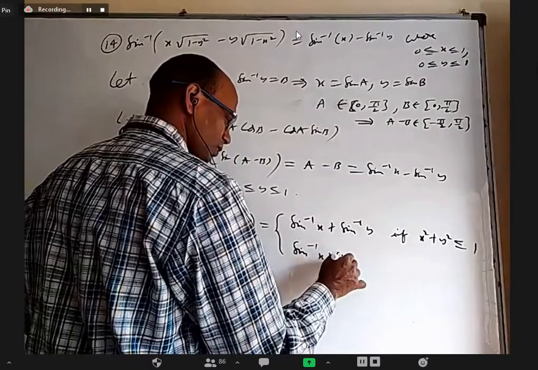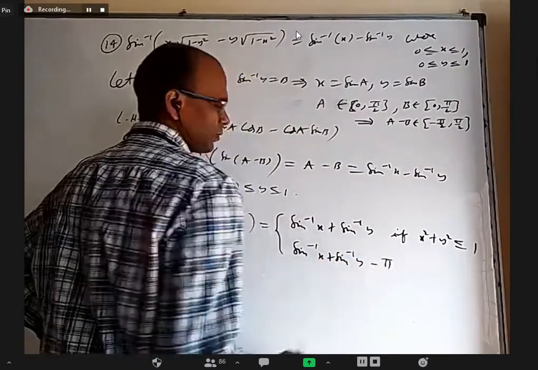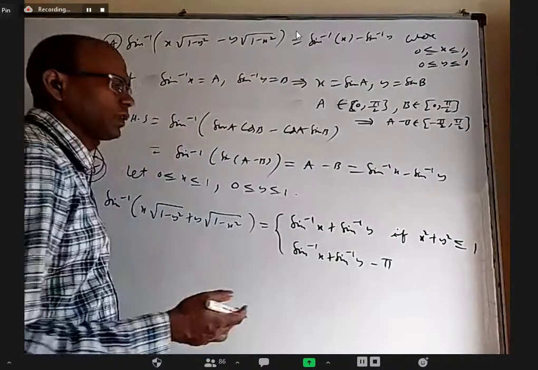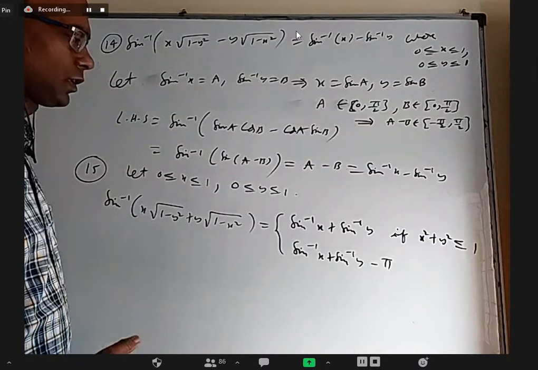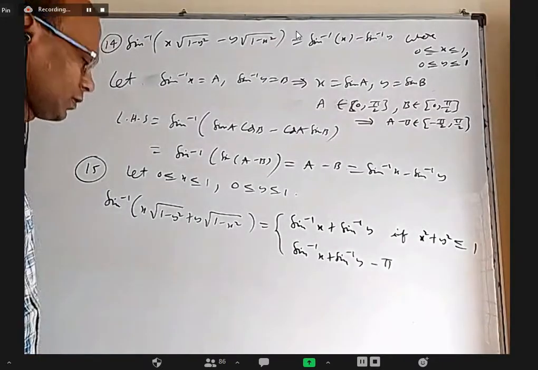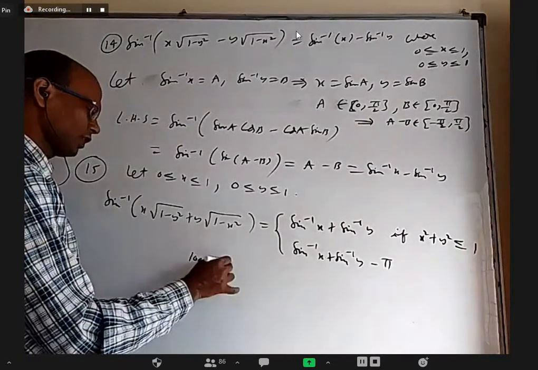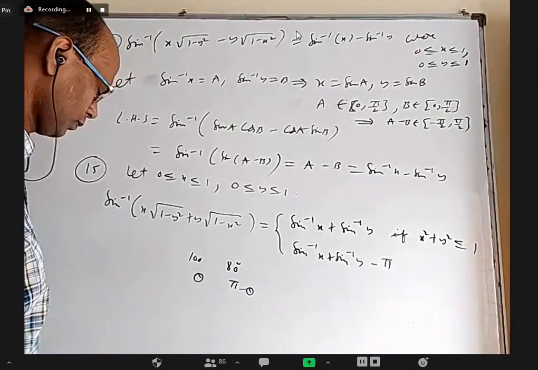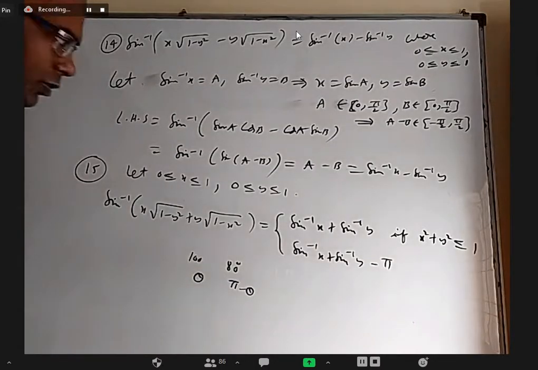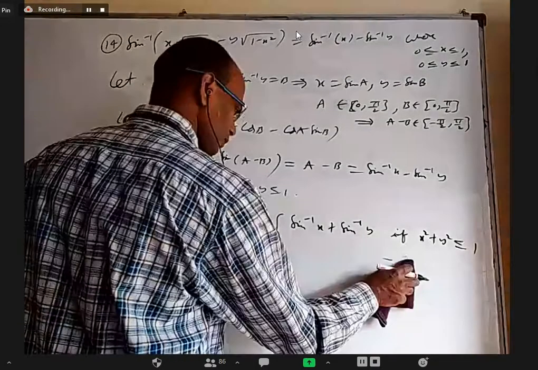sine inverse x plus sine inverse y minus pi maybe, because when I cross 90, something like 100, I should write 80. If this is theta, I should write pi minus theta.